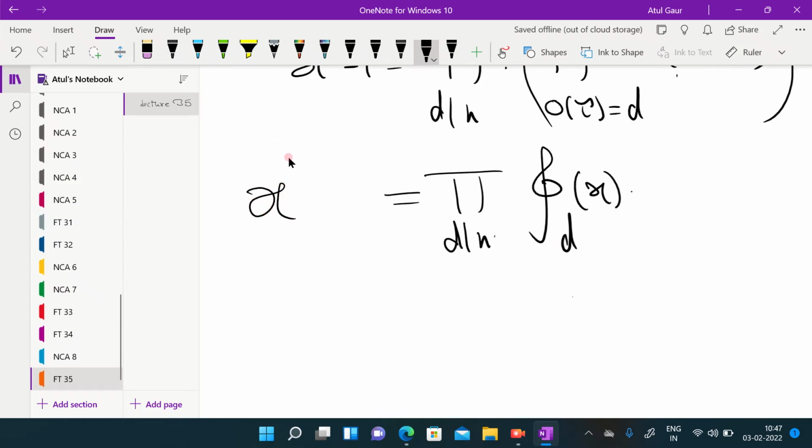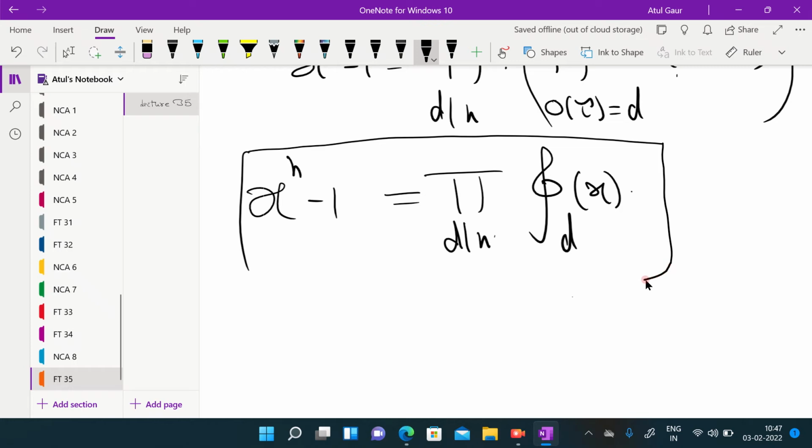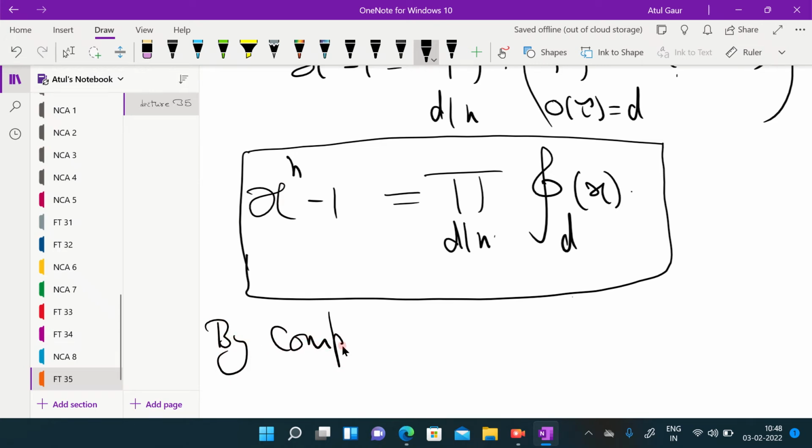So this gives me an interesting equality. This gives me a way to compute nth cyclotomic polynomial successively, and if you compare the degree, I'll get an interesting formula comparing the degree.